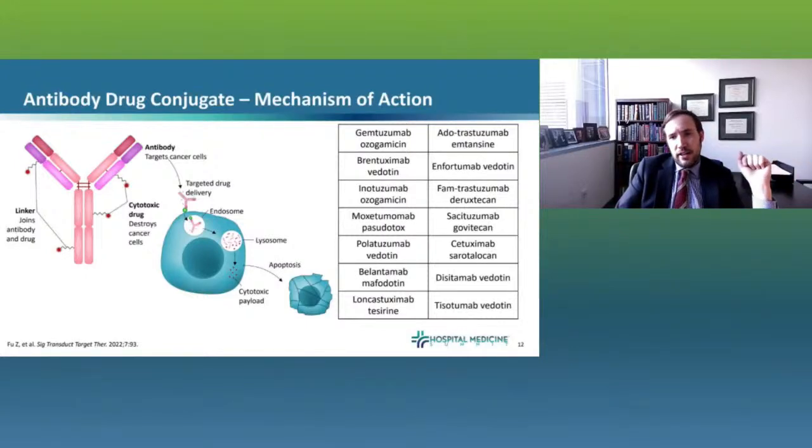So yeah, it's been exciting. One I think hospitalists are more familiar with is trastuzumab. We all know Herceptin, which targets the HER2 receptor on HER2 positive breast cancer. We've been using Herceptin since the 2000s. And again, we realized we could attach some chemo to that and send that more directly to the cell.